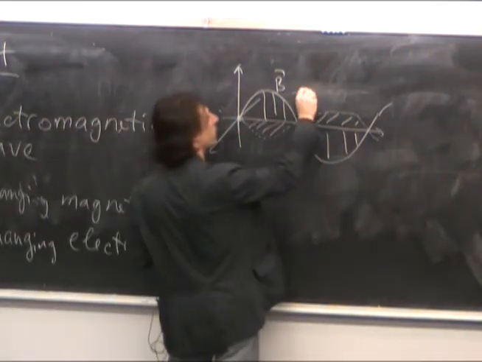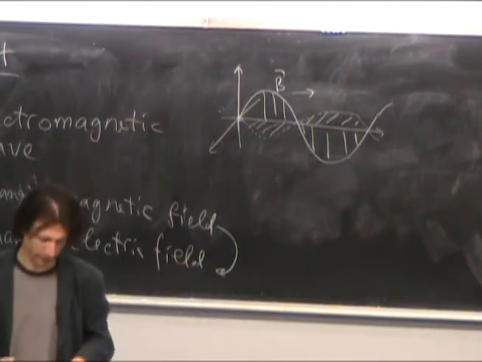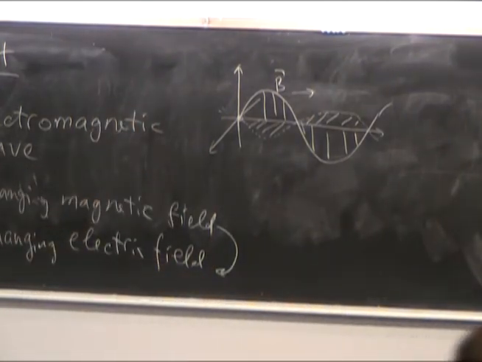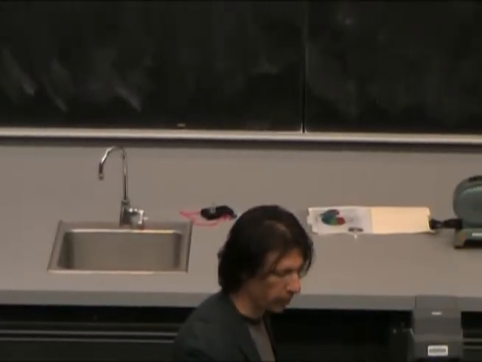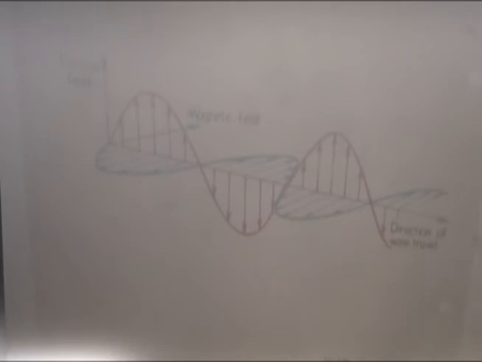And the whole thing keeps moving forward. So here is probably a better picture of it than the one I just made on the board. You can see that magnetic field generates electric field, and electric field generates magnetic field, and the whole thing moves forward. And this is what light is.